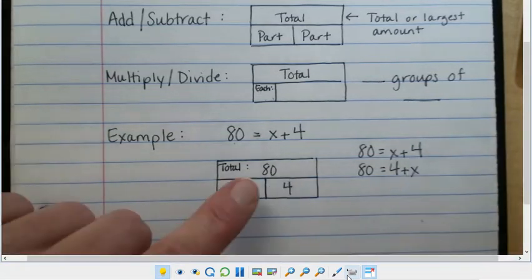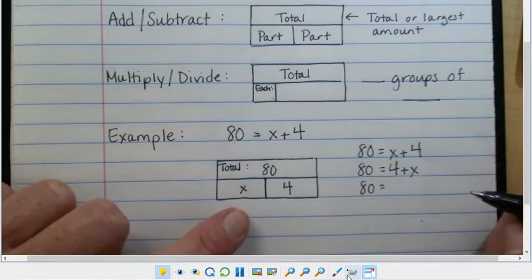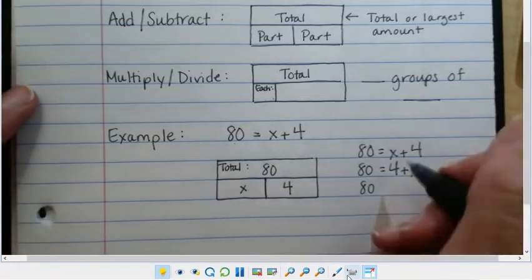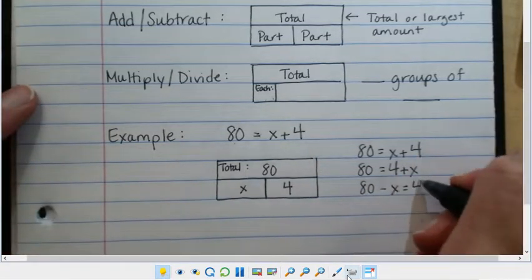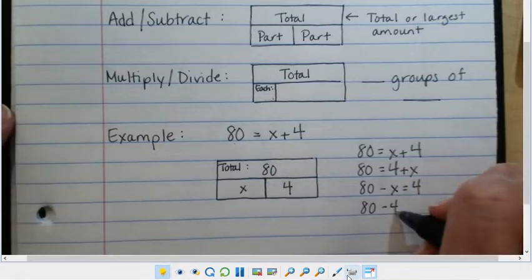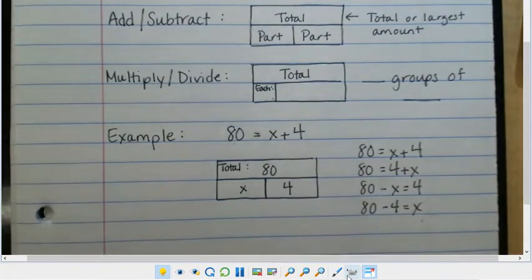I can also pull from this that 80 minus x equals 4. And I can also pull that 80 minus 4 equals x, since I know 80 is my total, my biggest number.